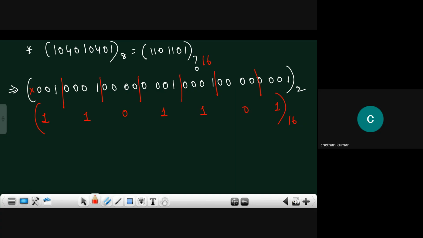Did you understand? So this is a base of 16.